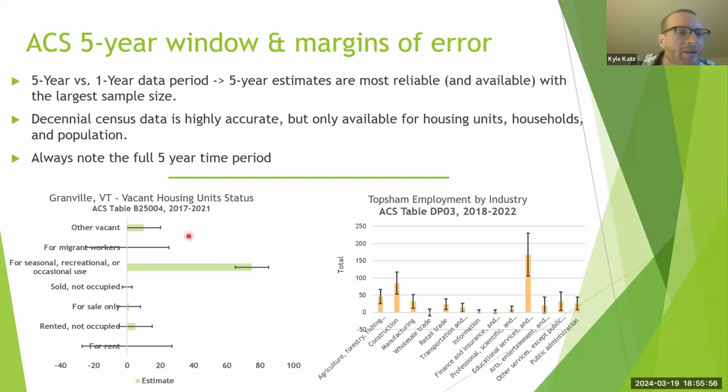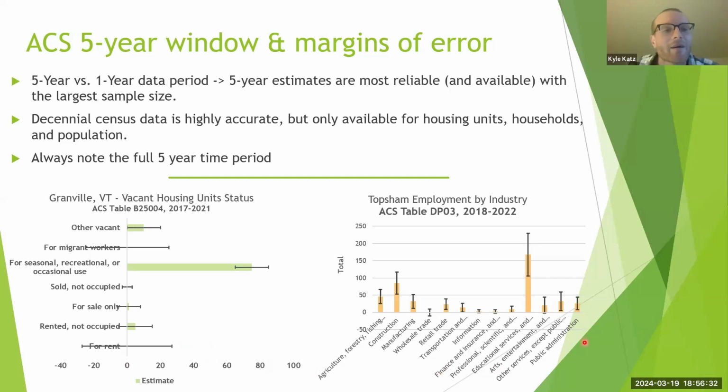The green bars are the estimate, and this black line is the margin of error, the plus or minus. So you can see for many of these, there's no data to go on. For vacant housing units for rent, for example, you've either got 35 or zero. That's a huge difference, and it doesn't tell us anything.